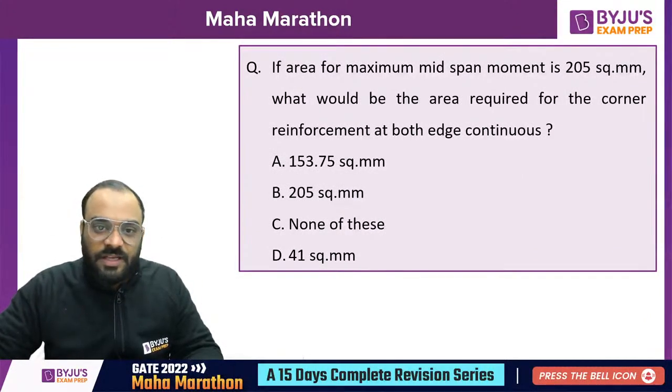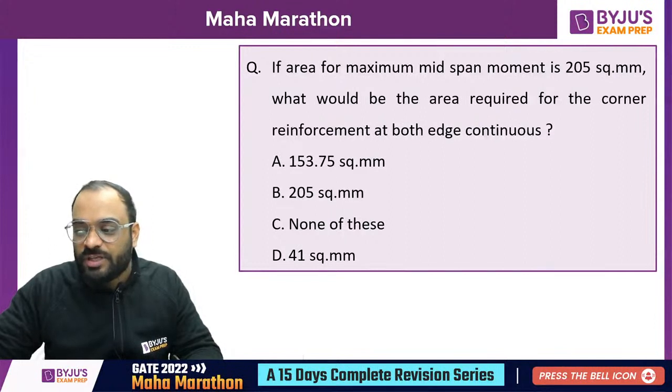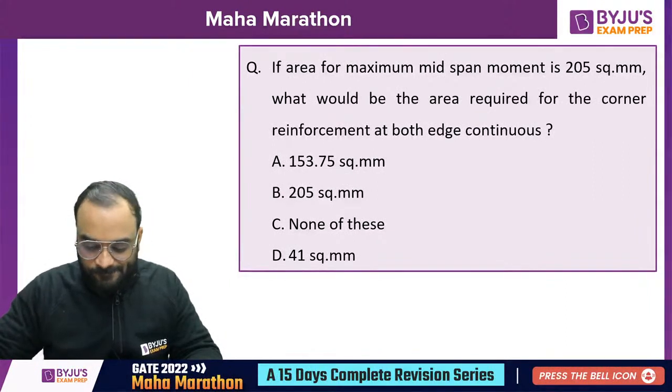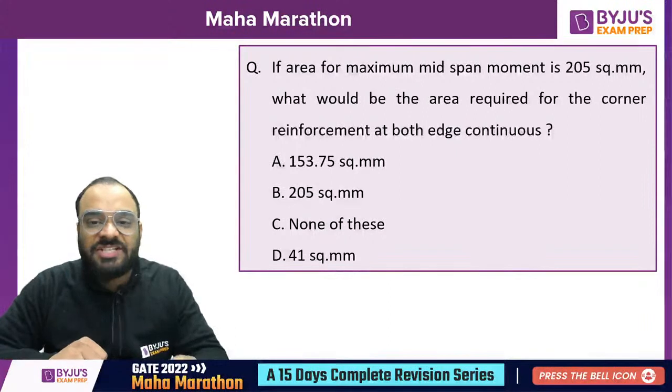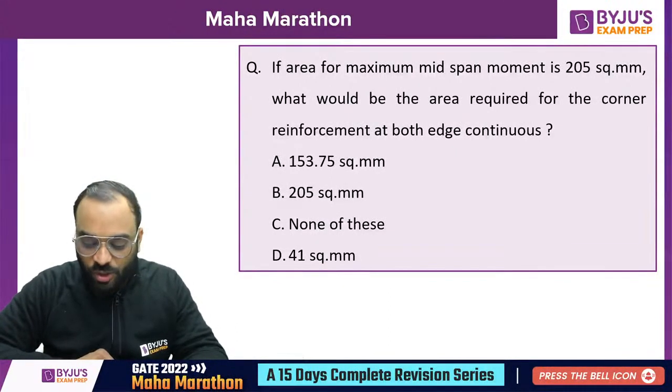Next question. If the area of maximum mid-span movement is 205 mm, what would be the area required for the corner reinforcement at both edge continuous? When you have both edge as continuous, then what should be the area of corner reinforcement or torsion reinforcement?